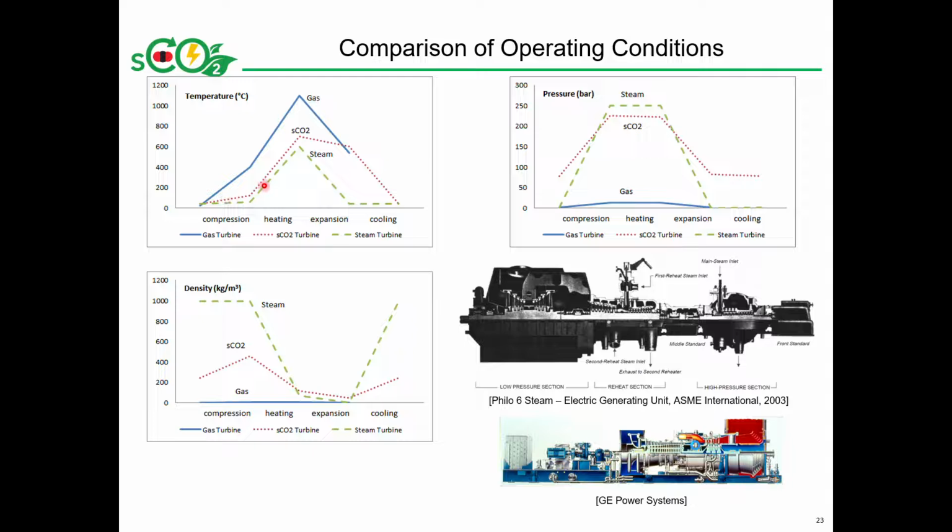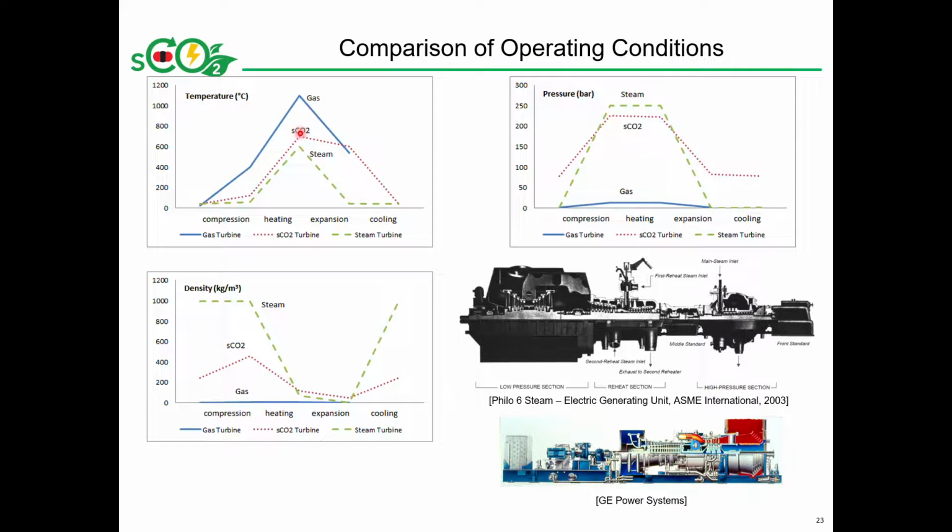For the sCO2 Brayton cycle and the steam cycle, the maximum temperatures are approximately similar, but in the steam cycle, where the expansion and the cooling occurs, there is quite a large drop in temperature from the maximum to the minimum in the cycle.